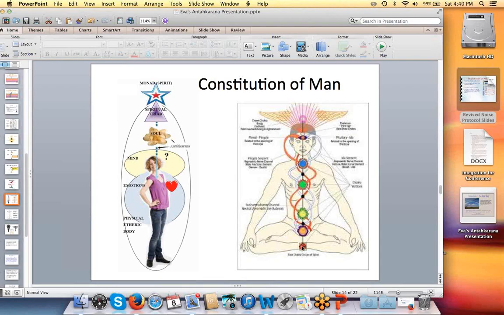This is the life stream or the Sushumna. And then we have the Ida and the Pingala going through the various chakras, all of them meeting really at the top of the head. And it's depicted here as wings because the solar angel who ensouls itself within the causal body is thought of as an angel, whether it be a guardian angel or what, and you know, that's why the wings there.